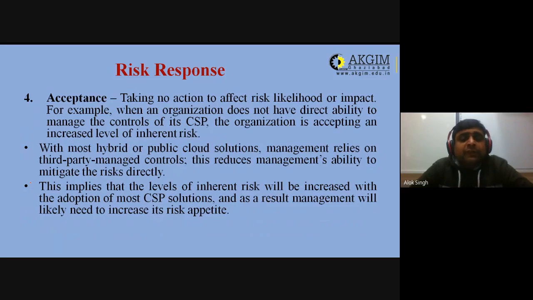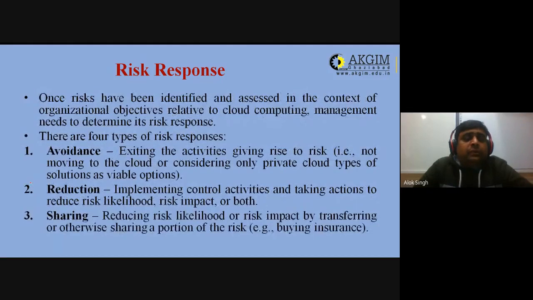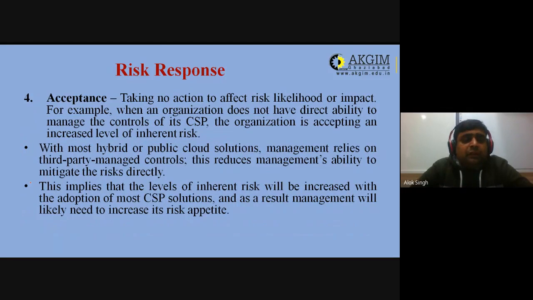Next is acceptance, which means taking no action to affect risk likelihood or impact. For example, when an organization does not have the direct ability to manage the controls of its CSP, the organization is accepting an increased level of inherent risk. So you should avoid such risks, reduce their impact, share them with your insurance service provider, or accept them, taking no action in that case.